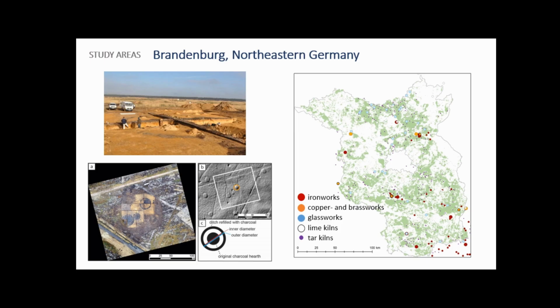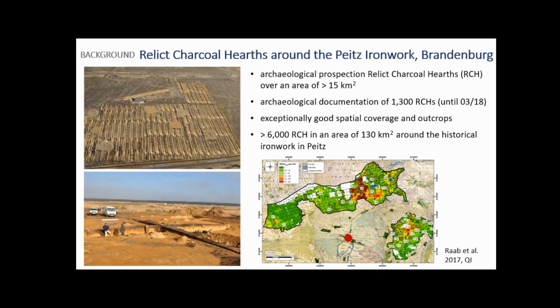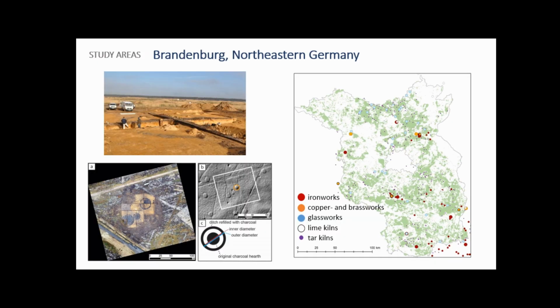We then extended this work first to the surroundings of a historic ironwork and mapped all the forest areas that were situated around this ironwork, and then extended the mapping to the whole state of Brandenburg, all the forest areas. Here we typically have these elevated platform type sites.